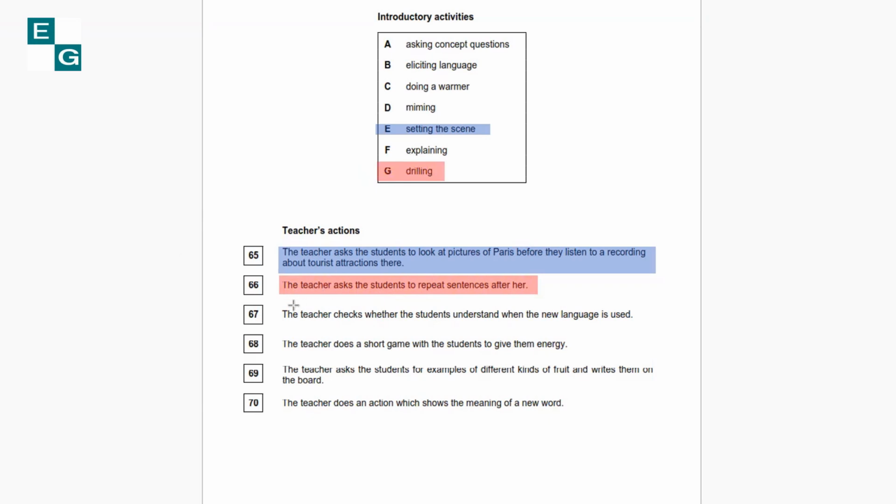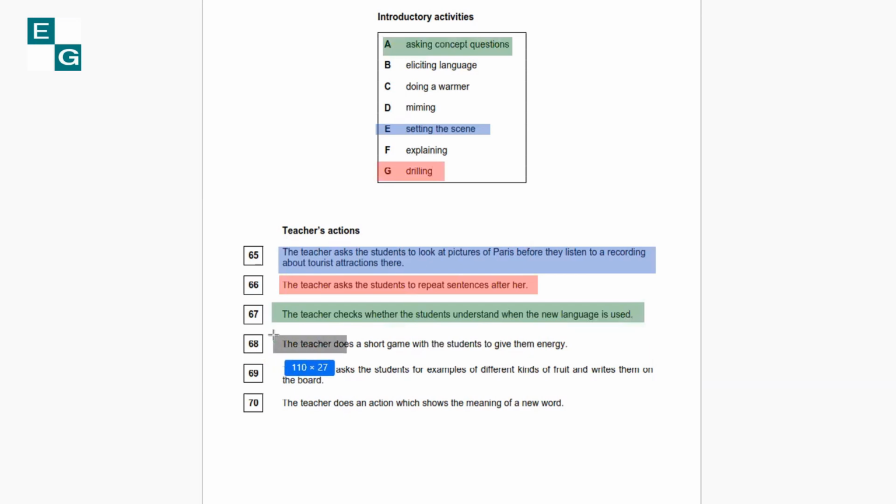Then, the teacher checks whether the students understand when the new language is used. When it is new language, the topic expressed here is concept questions. You ask concept questions when you have just taught the language part, when you just present the new topic and you want to make sure your students have understood what you wanted them to understand.